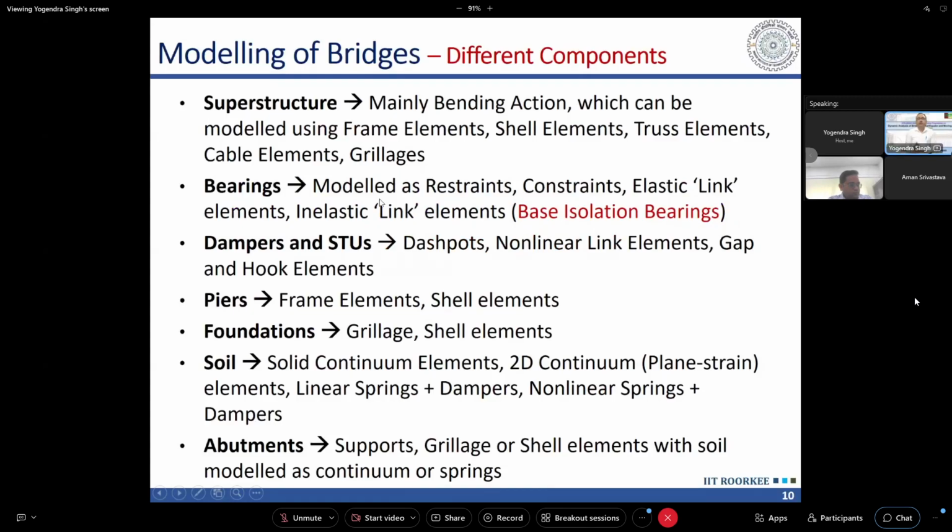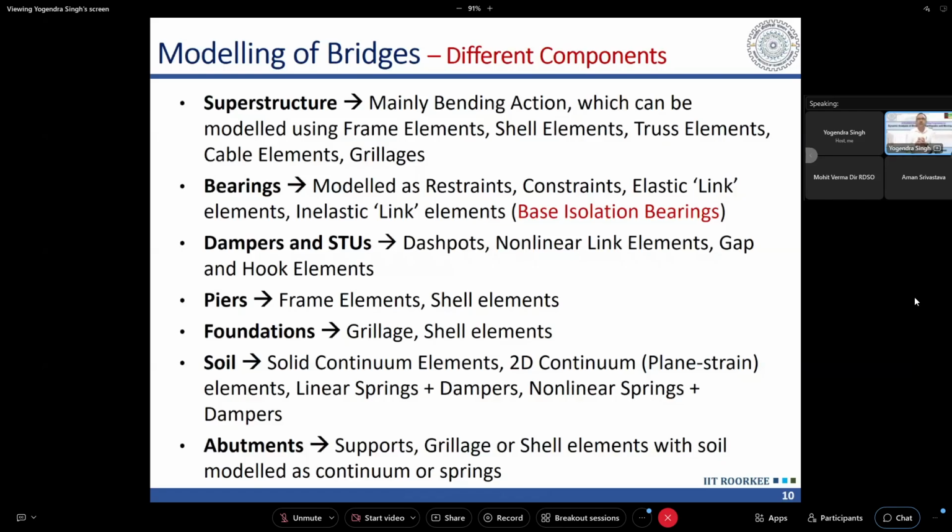So, the different components of bridges which we have to model. First of all, the superstructure. Whatever slides I have shown you, you have seen that in most of the cases, the superstructure was not affected, except that the connection of the bearing with the superstructure got damaged.